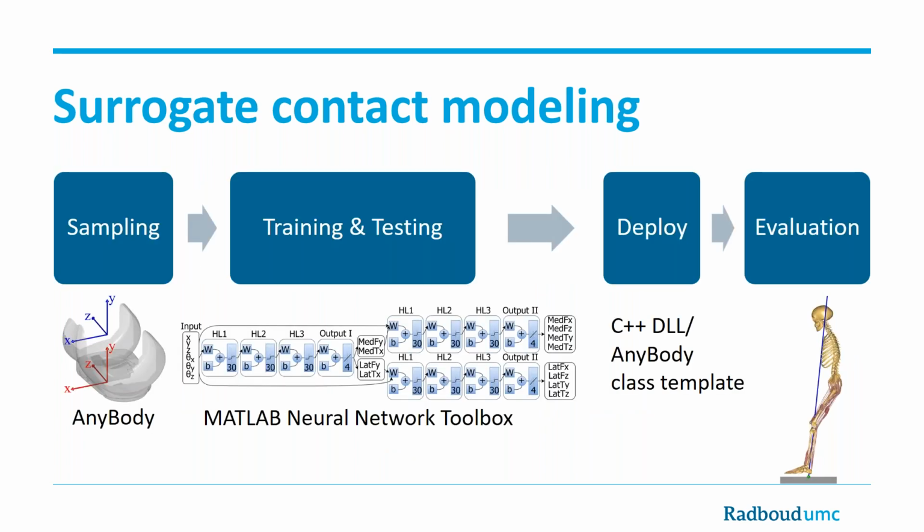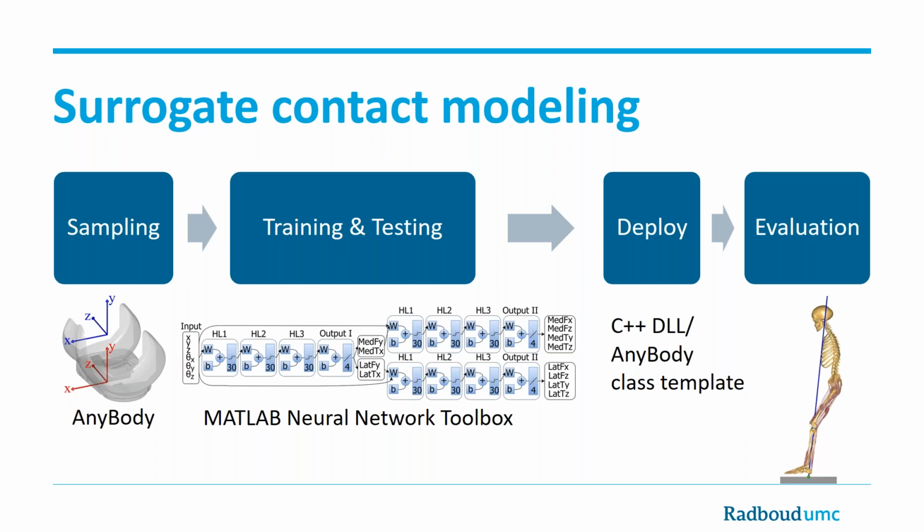The approach that we took was to make an artificial neural network based model, which takes samples obtained from the original contact model in the AnyBody model. We sampled several hundreds of thousands of points, possible configurations. We then trained artificial neural networks using the MATLAB toolbox.